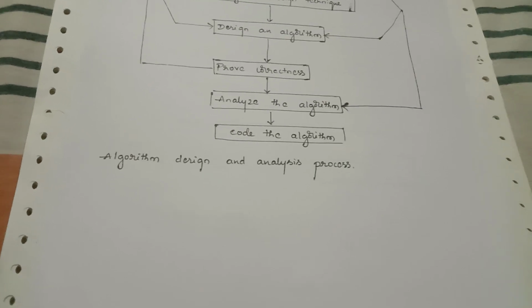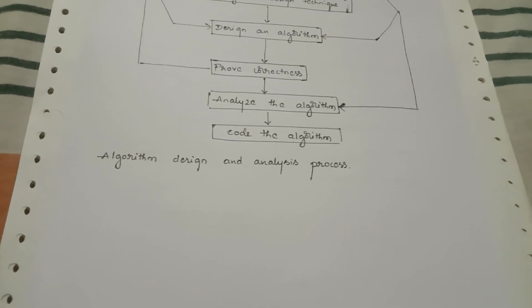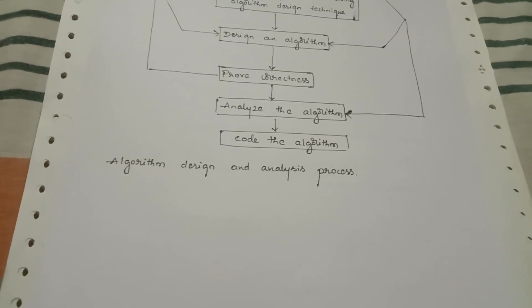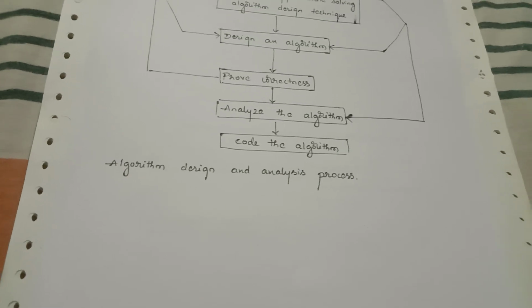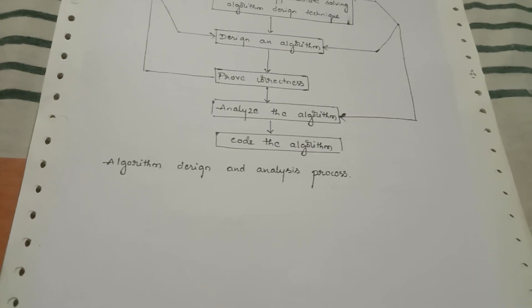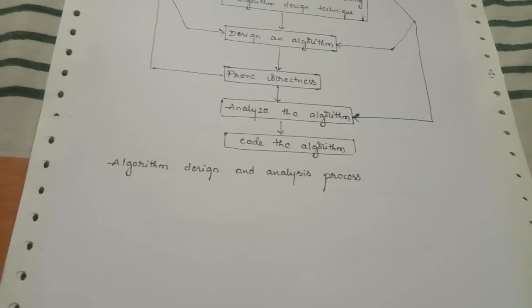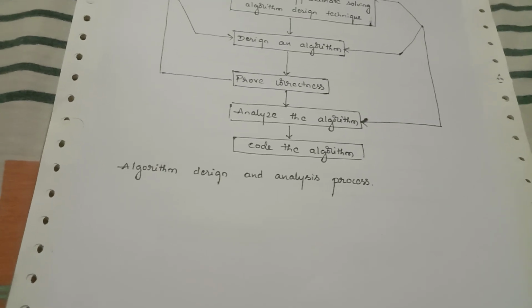Another very desirable characteristic of an algorithm is simplicity. Your algorithm should be simple, so that when you trace it with just a pen and paper, it is easy to follow, like Euclid's algorithm.